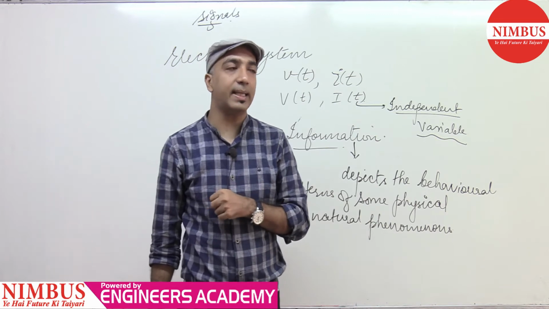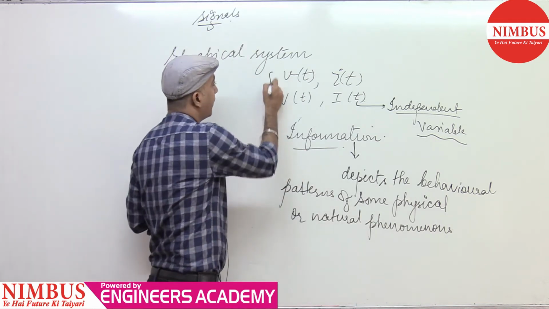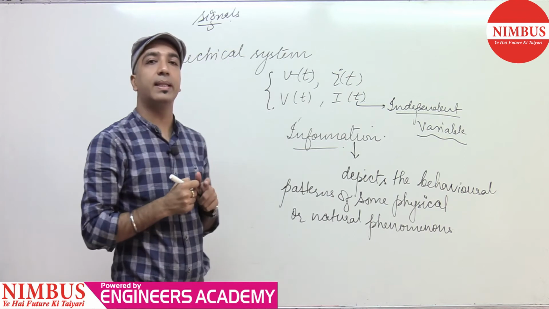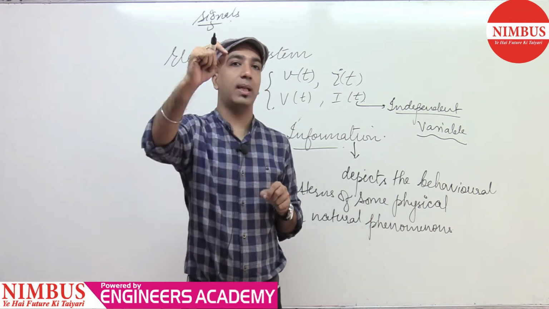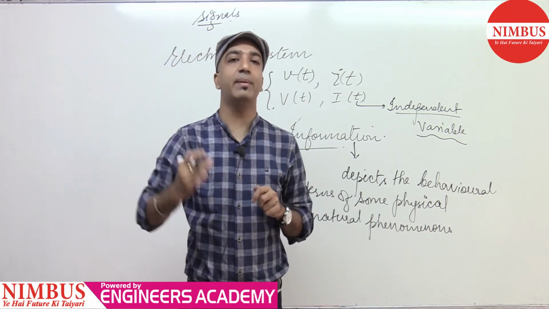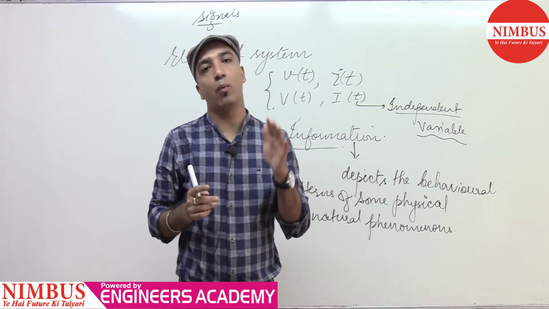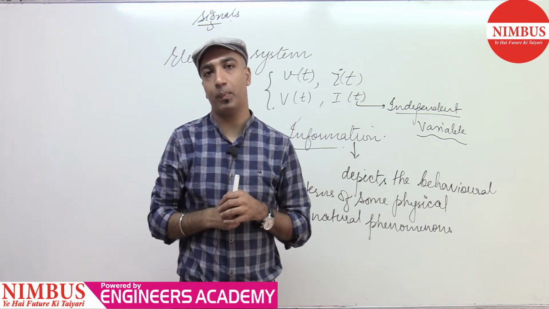In order to understand that, there is one more important point. If you are supposing that you are having all the quantities as a function of time, because in mathematics also you have studied functions with the independent variable time only.